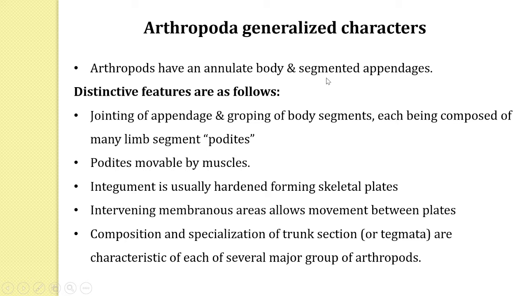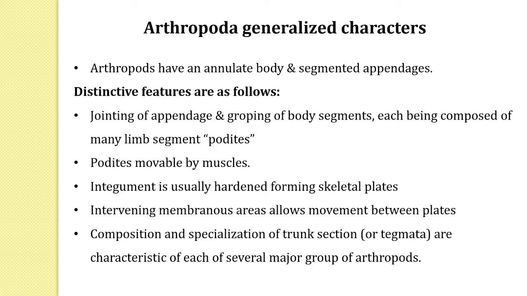The distinctive features are the jointing of appendages and the grouping of the body segments, each appendage being composed of a number of limb segments known as podites, and these podites are individually movable by muscles, while the body segments are segregated to form more or less distinct trunk sections, which are sometimes referred to as the stigmata.